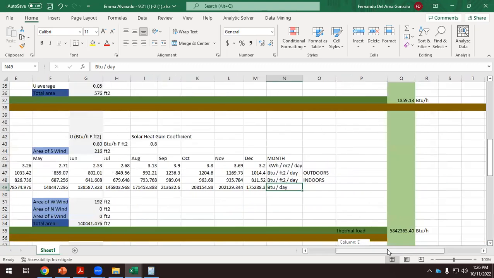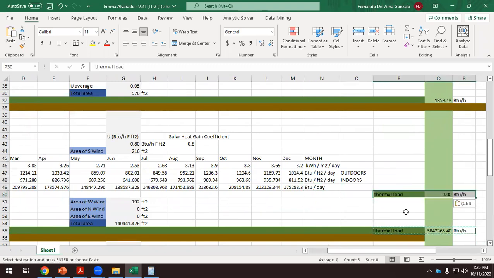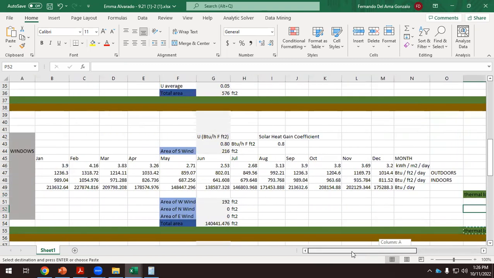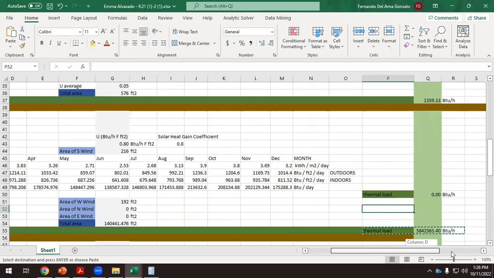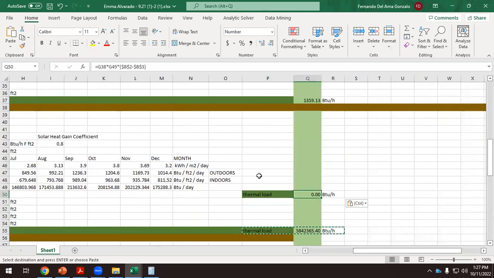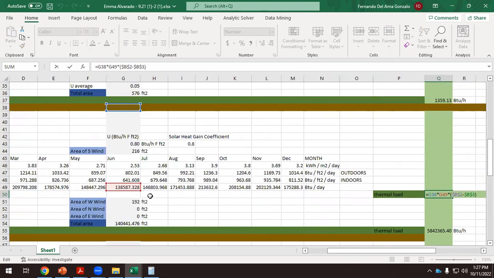What would I do here? I need the thermal loads, but the thermal loads in the southern windows. Okay, so what's the thermal load of the southern window? We have not this, so I have to fix this.